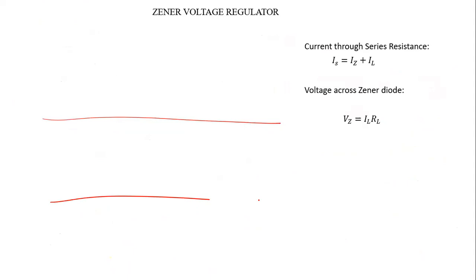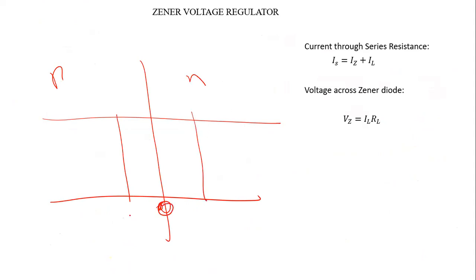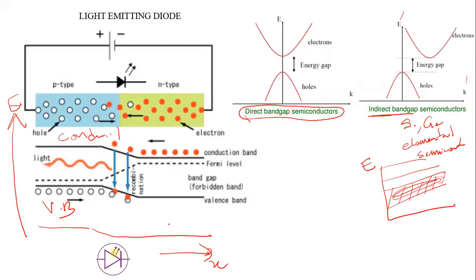See, this is our boundary between P type and N type, and we call this 0, we call this x1, and we call this x2, and there we calculate the depletion width and all. Sorry, I just confused it with the energy band here.